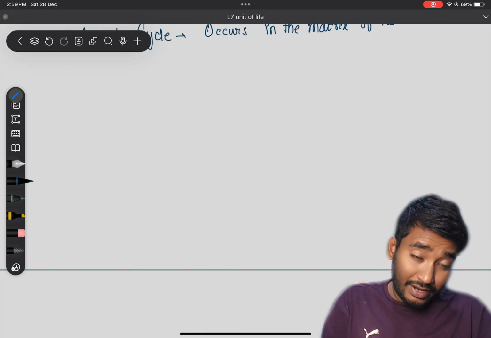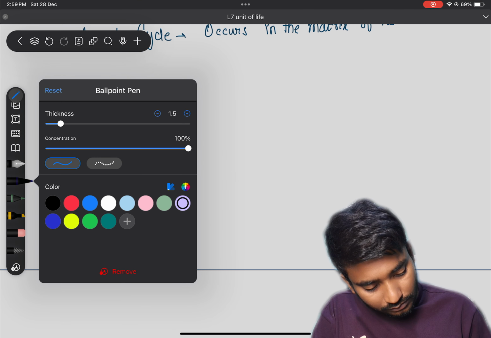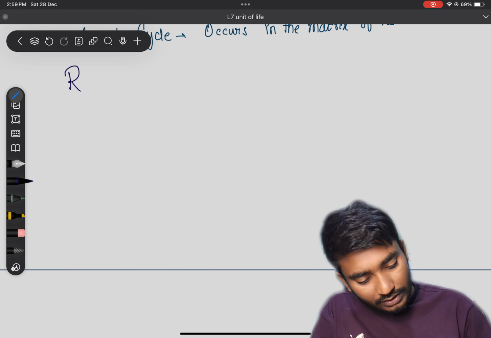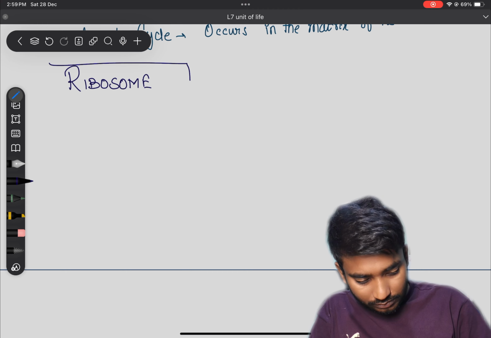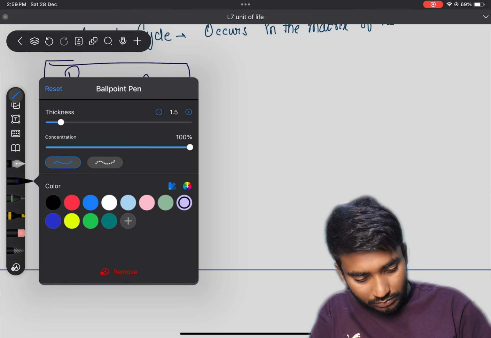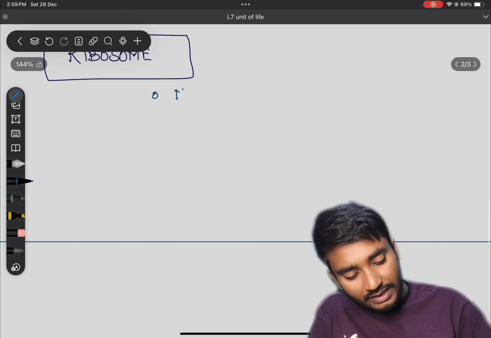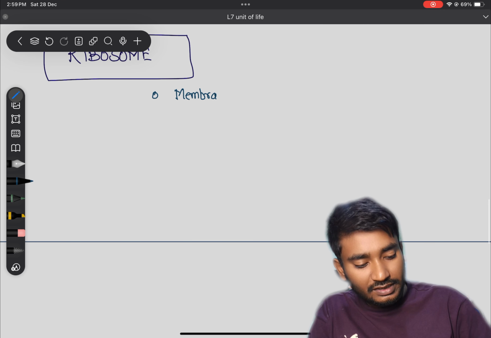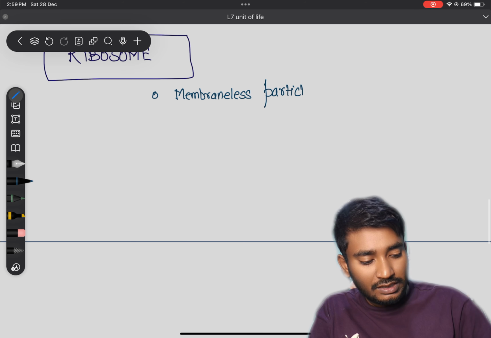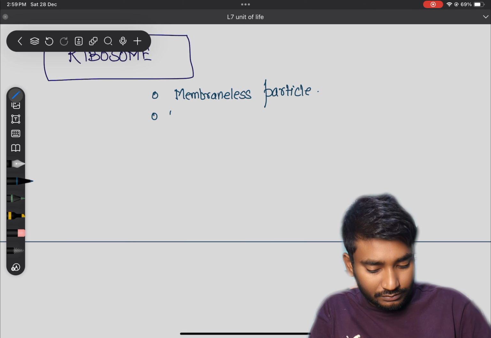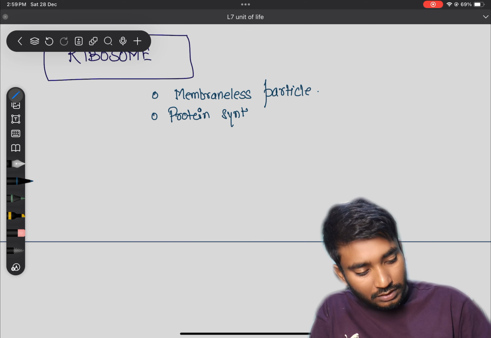Now we come to ribosome. Ribosome is a membraneless particle. Ribosomes do not have any membrane. Protein synthesis occurs here.